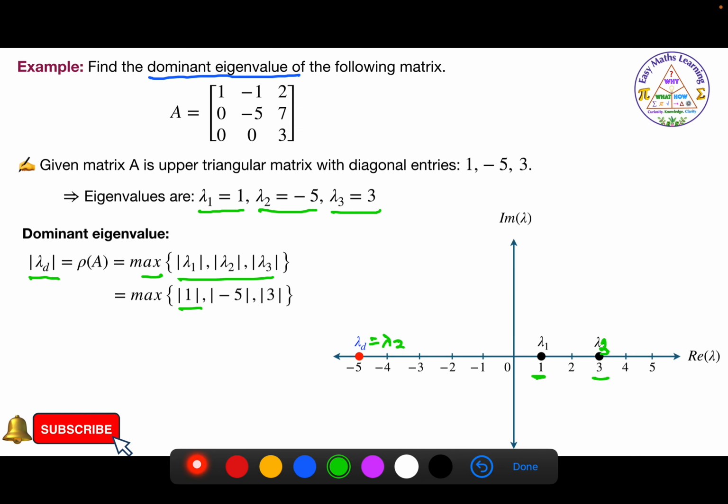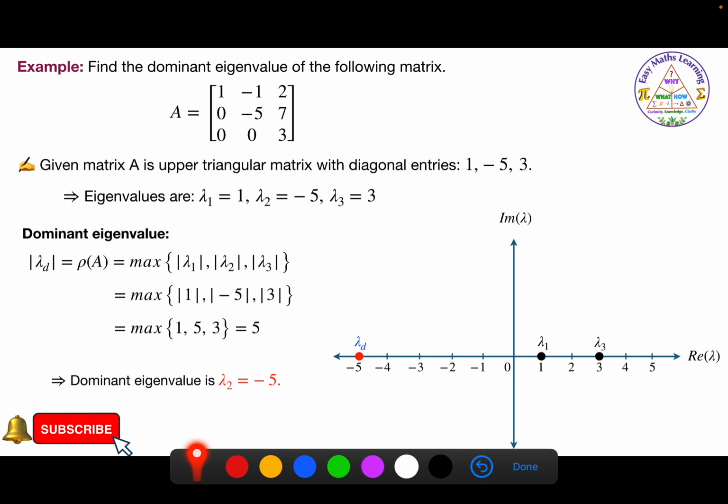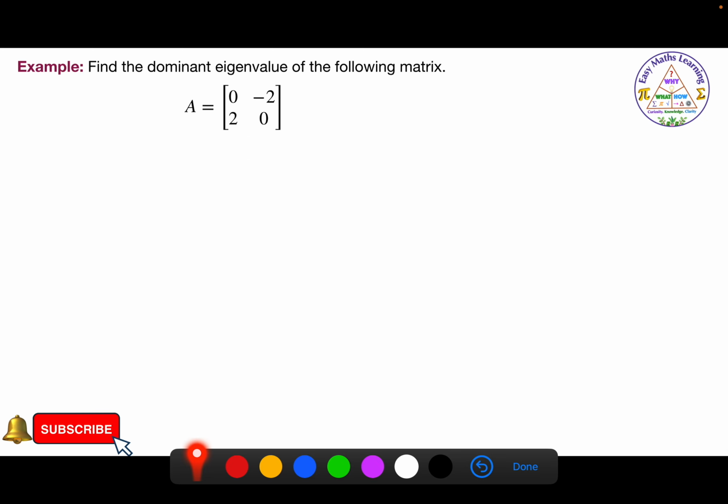These are real numbers, so we take absolute values of 1, -5, 3. The maximum value is 5, and we get this maximum corresponding to eigenvalue lambda 2, which is -5. So lambda 2 equal to -5 is the dominant eigenvalue. That's why we write lambda d is lambda 2, which is -5.